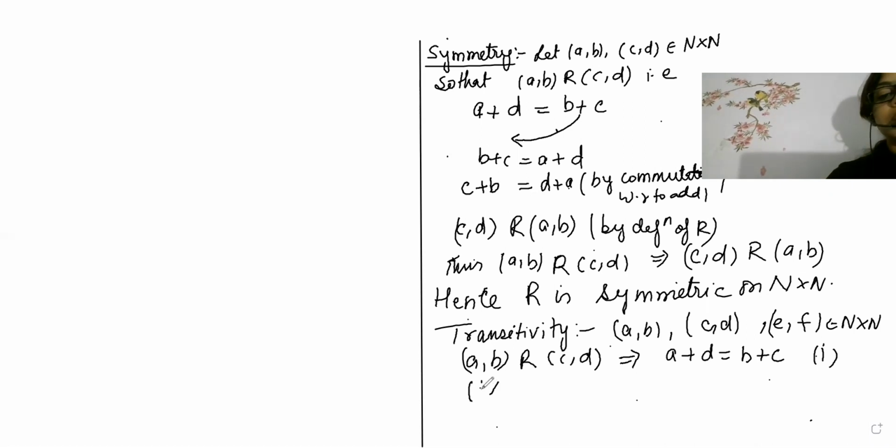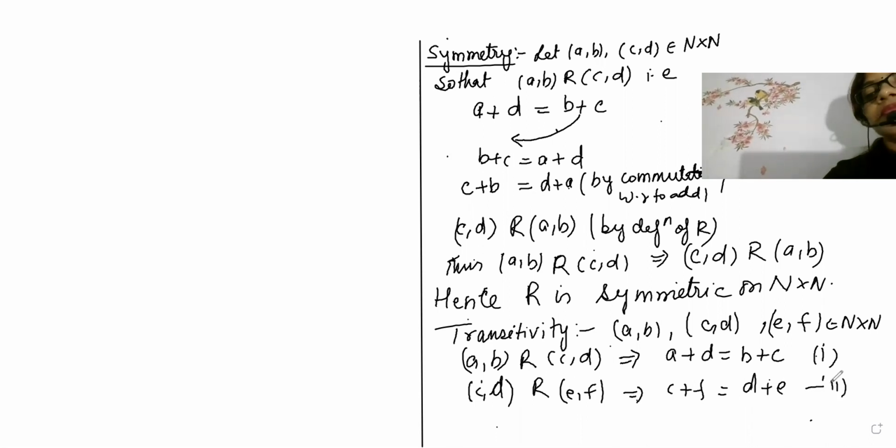Now next one, CD is related to EF. That means C plus F is equal to D plus E. Equation 2. Fine. Now we will add all that.